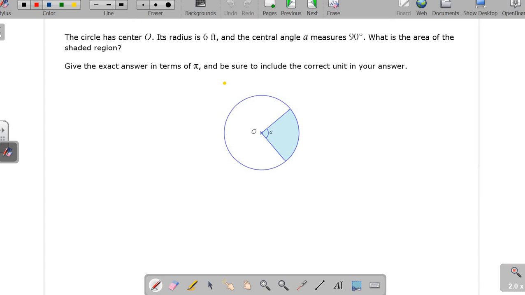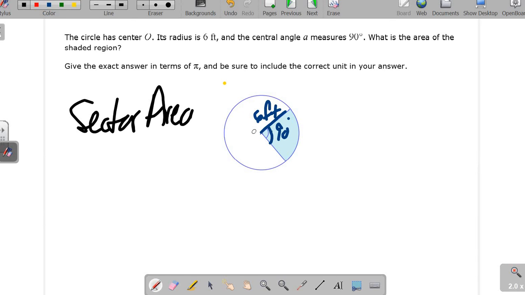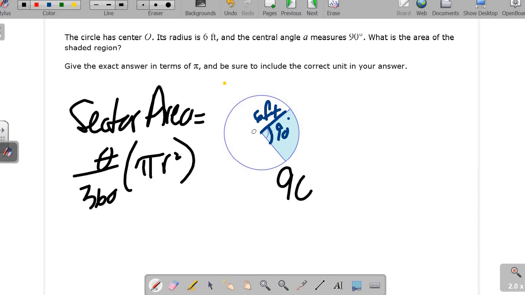Here we have another circle. The radius is 6 feet. Our central angle is 90. What is the area of the sector? And it's going to be theta over 360 times pi r squared. Our theta is 90 over 360.